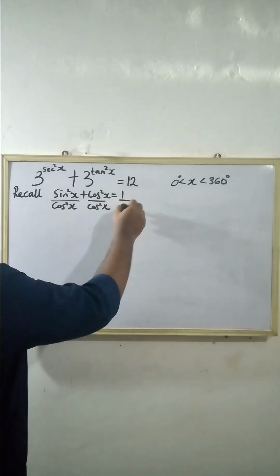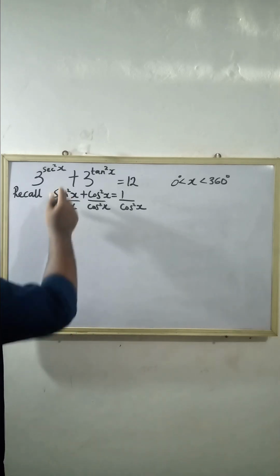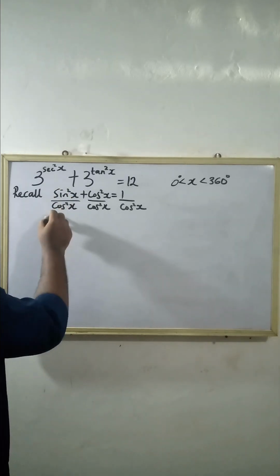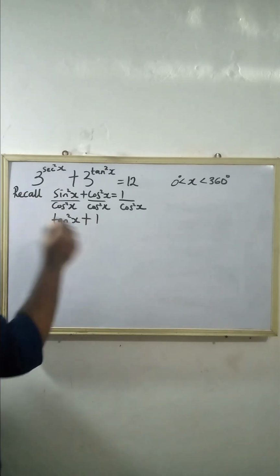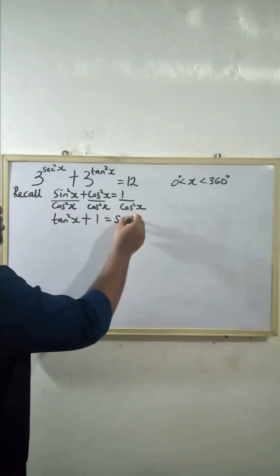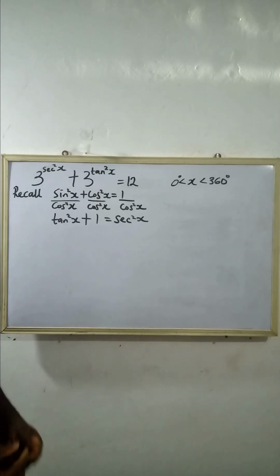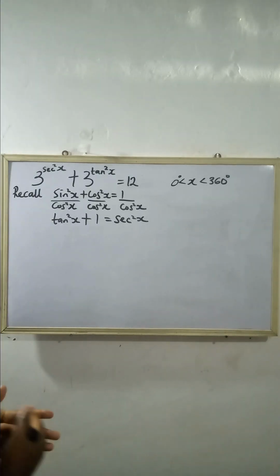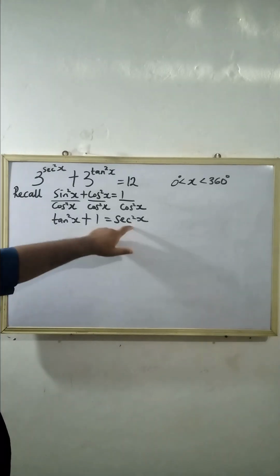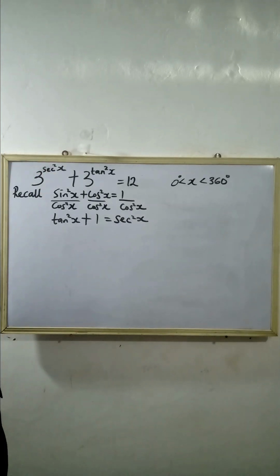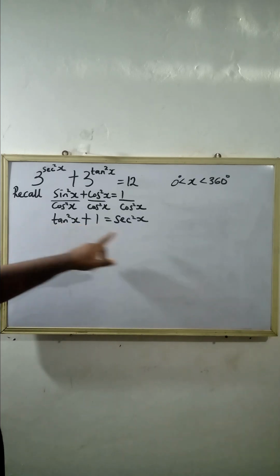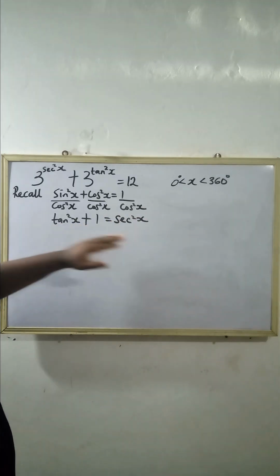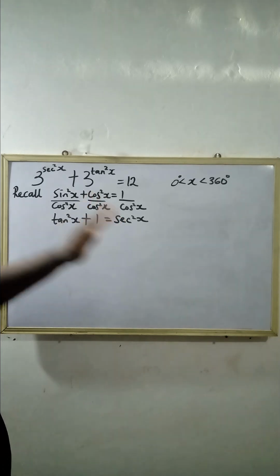Dividing through by cos squared x, sine squared x over cos squared x gives me tan squared x, plus 1 equals sec squared x, since 1 over cos squared x is sec squared x. So wherever I have sec squared x in my trigonometric indicial equation, I can just replace it with tan squared x plus 1. So I've been able to show that sec squared x equals tan squared x plus 1.